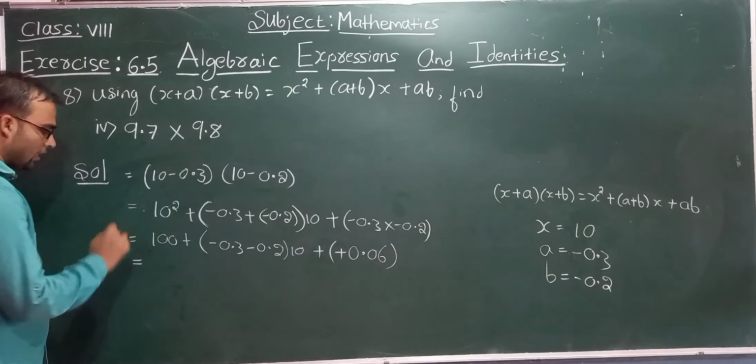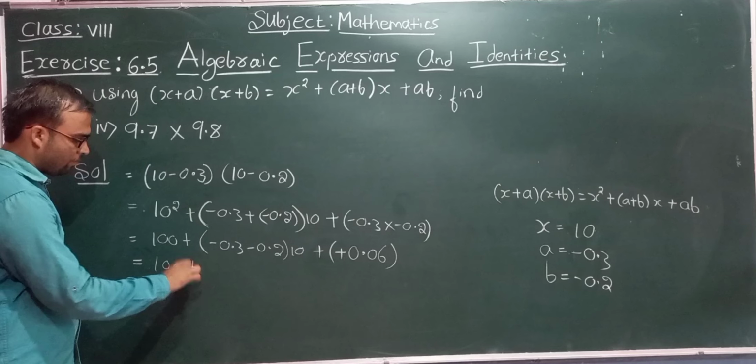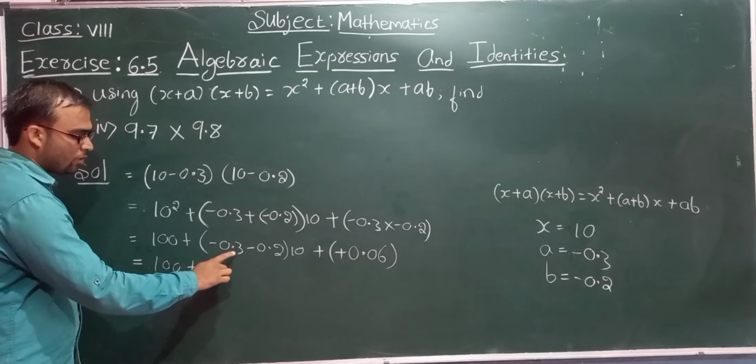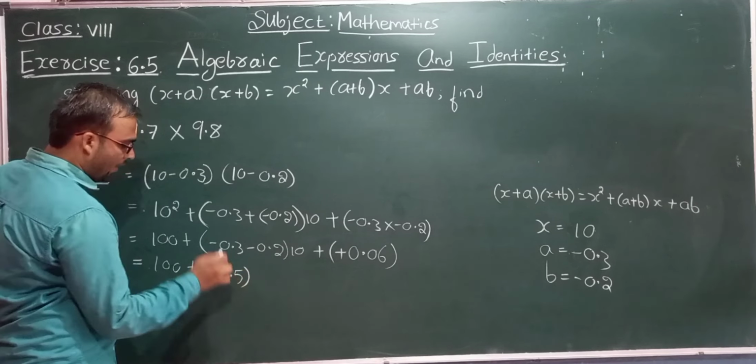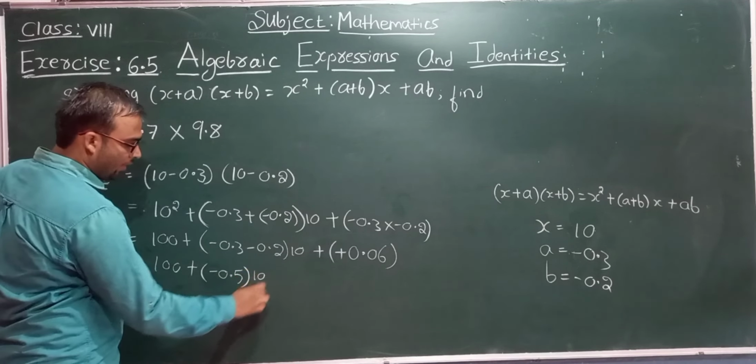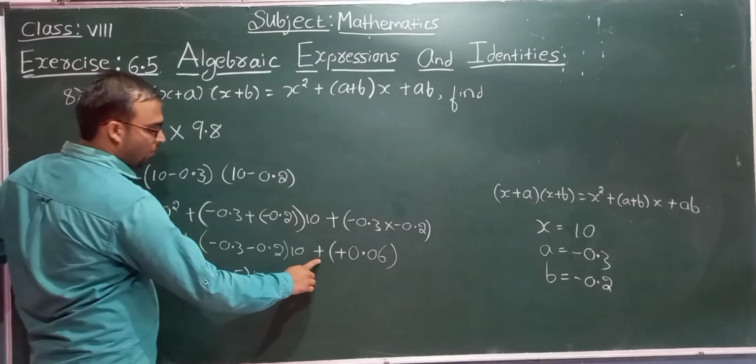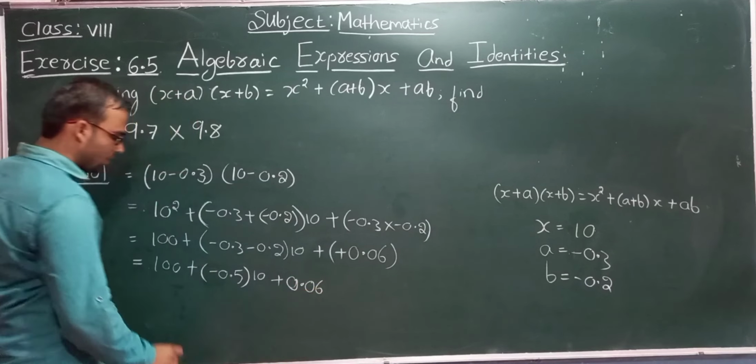So here 100 plus minus 0.3 minus 0.2 will be minus 0.5 into 10, plus into plus will be plus 0.06.